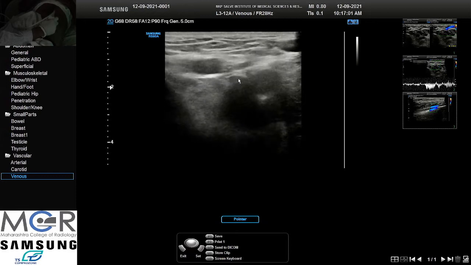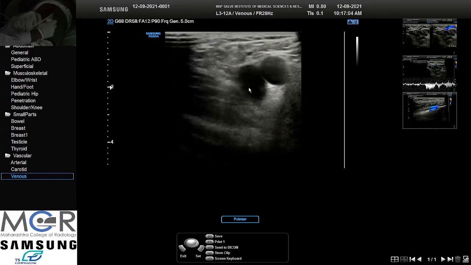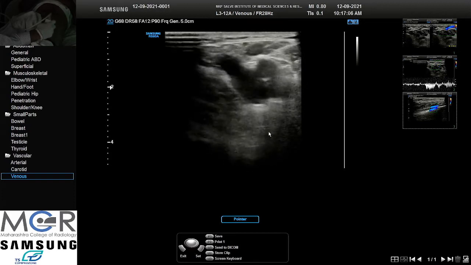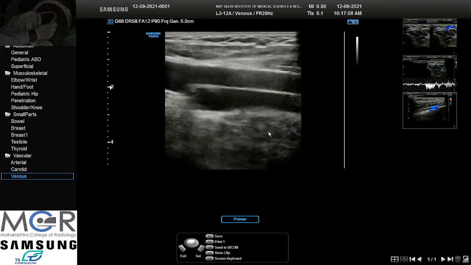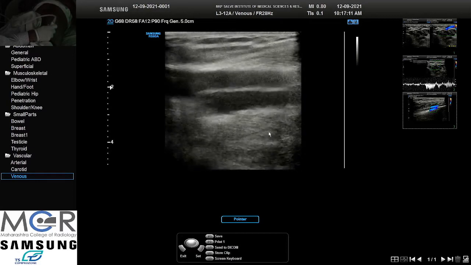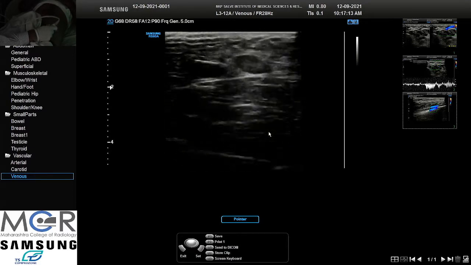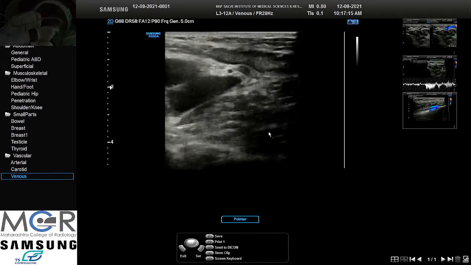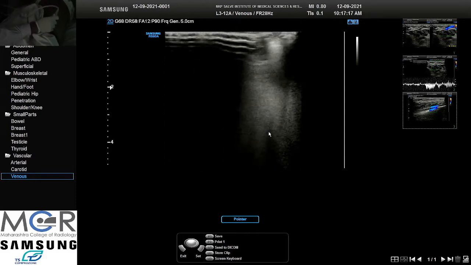These are the superficial epigastric vessels. So we come back here, make a long section, artery laterally, vein medially, and that is the junction there.